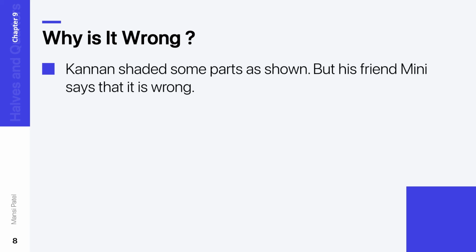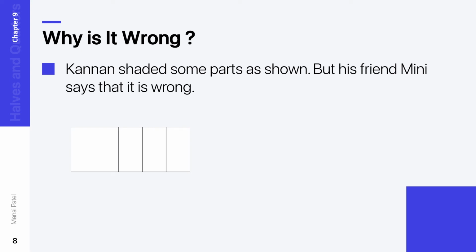Why is it wrong? See here, Kanan shaded some part as shown below, but his friend Minnie says that it is wrong. Why is it wrong? Let us see.